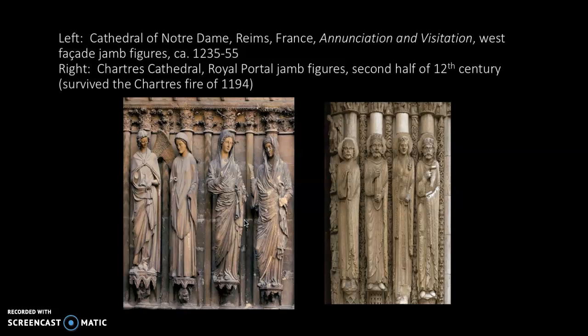So let's first take the Visitation scene, the older grouping here. These figures are extremely classical. We have contrapposto stances, classical proportions, robes. They are also much more independent from the architecture. They're much more three-dimensional. And let's just go back a generation earlier to these jamb figures here from Chartres Cathedral.